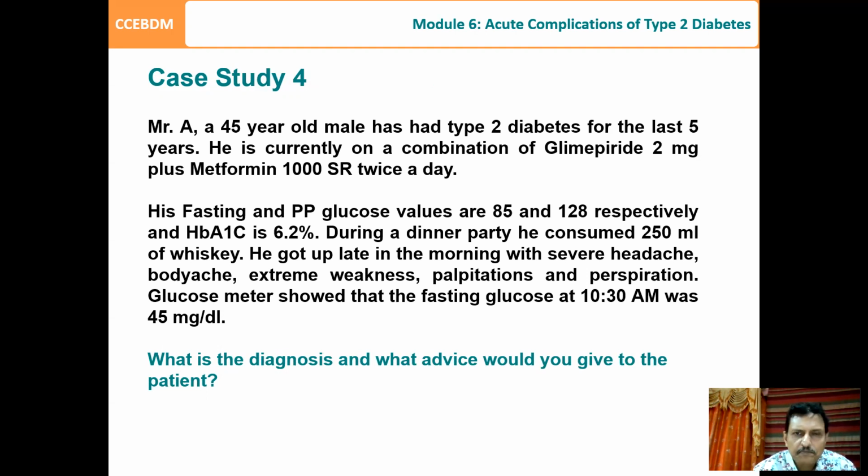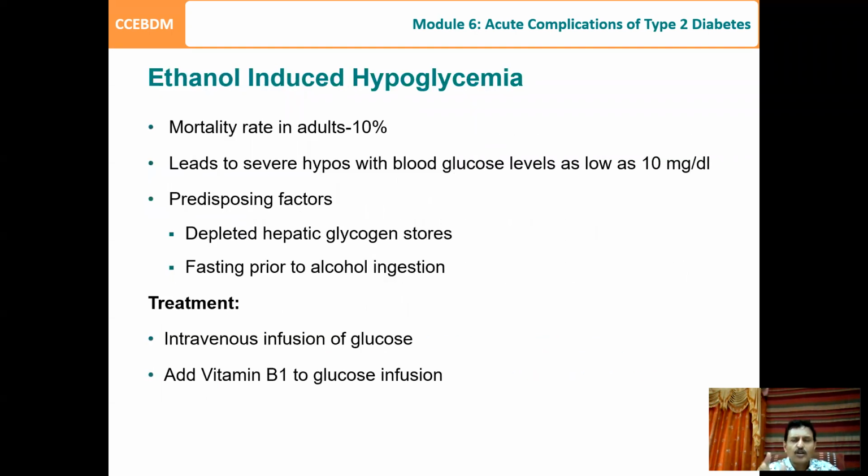because you know that ethanol itself can induce hypoglycemia. One explanation is that it prevents the gluconeogenic pathway, and also when someone takes alcohol, they take less carbohydrate.